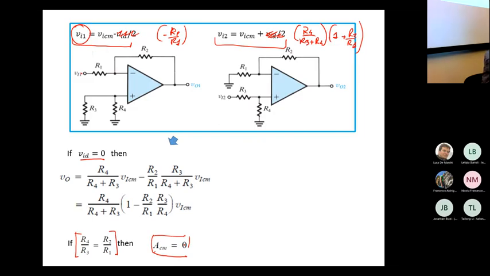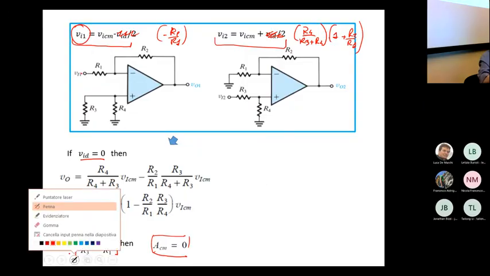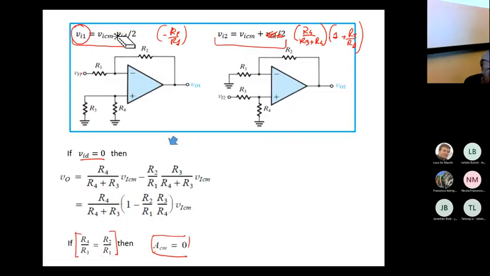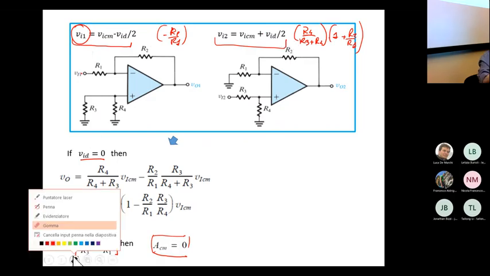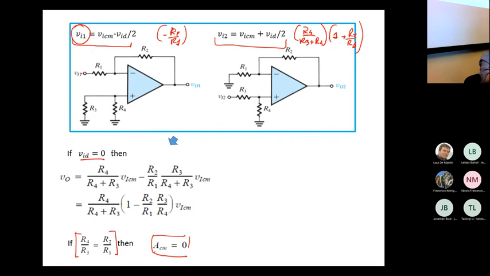If you repeat the same calculation, but now assuming that the common mode is equal to 0 and VID is different from 0, so calculation number 2 is done by canceling the common mode part.